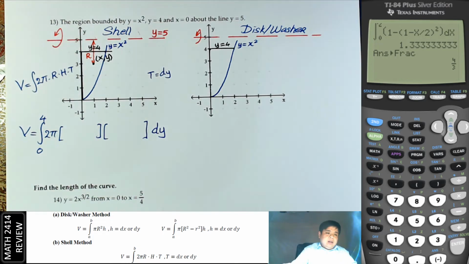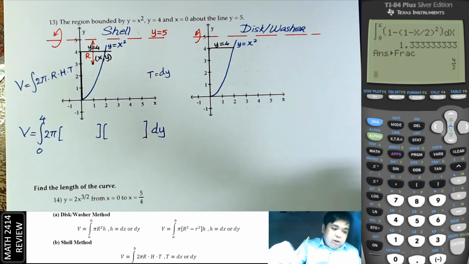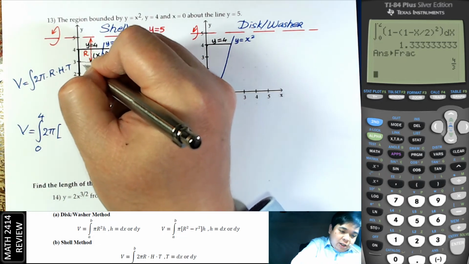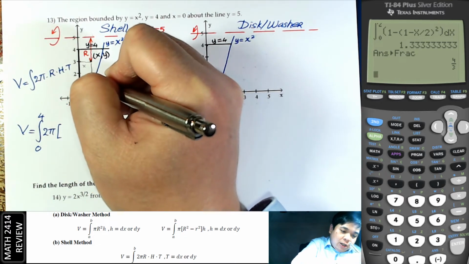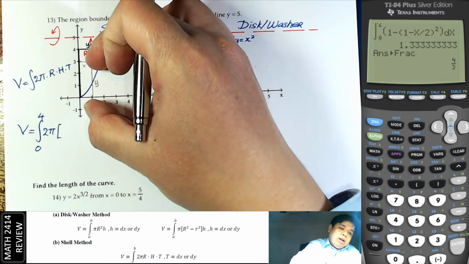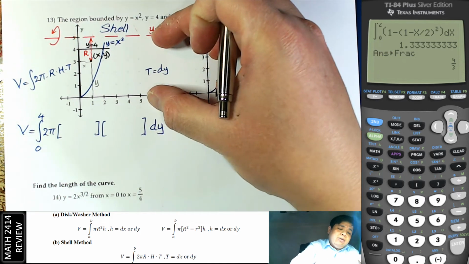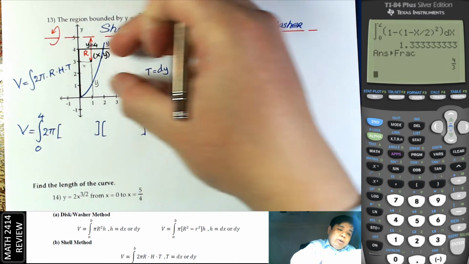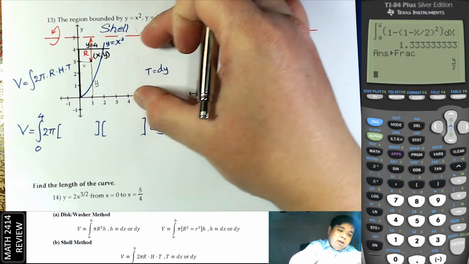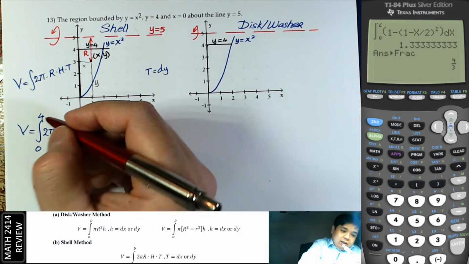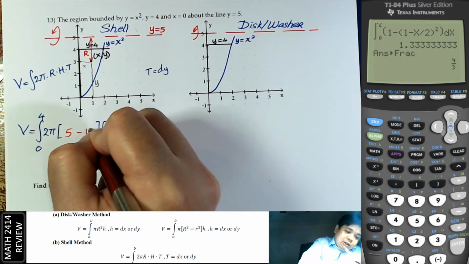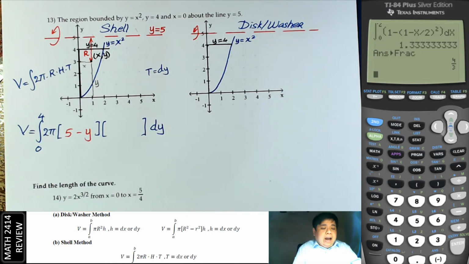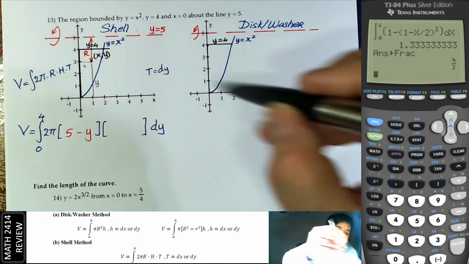Now, with respect to that point, this is x, this is y. So we have y. The whole thing is 5. So if we want r, it's going to be 5 minus y for r.